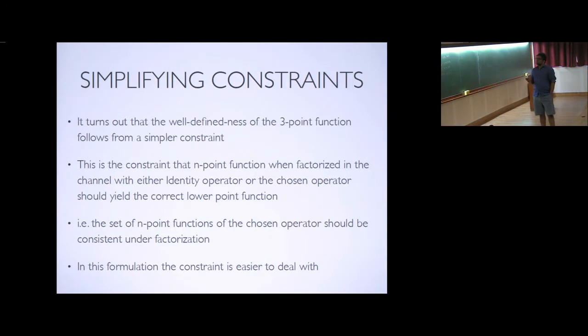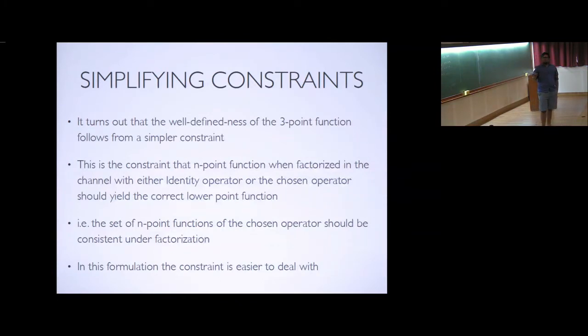So in other words, this constraint, which looks like a slightly daunting constraint, is equivalent to a constraint that one can work with. That is a constraint which says that the endpoint function of this chosen operator phi, the set of endpoint functions, should be consistent under factorization into itself.